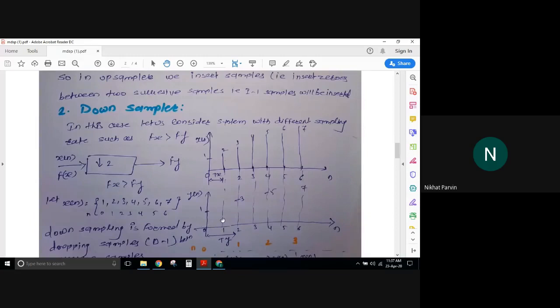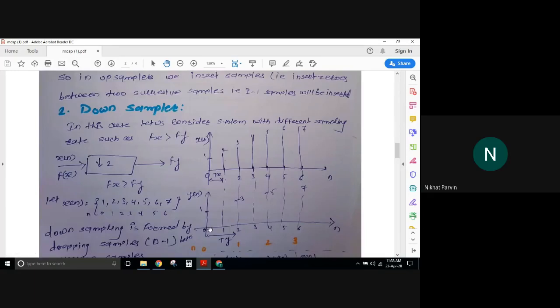Here what I have done is, starting from 0, x of n equals 0, whatever the magnitude is there, I have written. Now whatever I had drawn earlier, simply take that down as it is. These are my old samples, old interval of time. That means n equals 0, 1, 2, 3, 4, 5, 6, because my input starts from 0 and ends at 6.